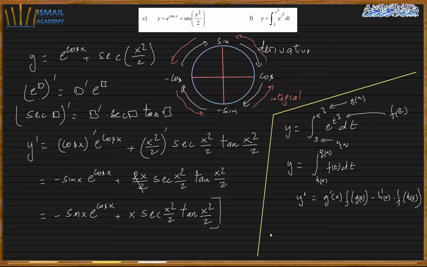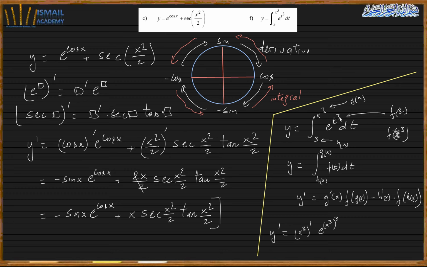If I want to take the derivative of this, y prime equals g prime of x, which is x cubed prime, times f of x cubed, so it's going to be e to the x cubed cubed, because my t is x cubed. I change the t by x cubed.